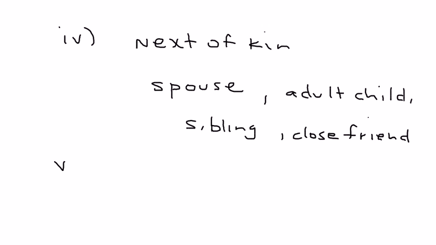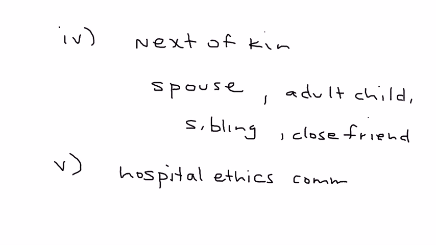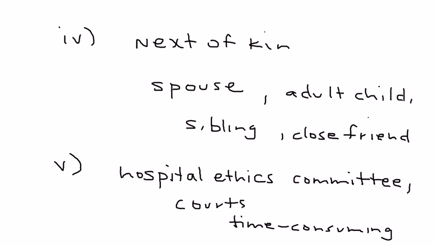And finally, even if that isn't present, there's no next of kin, then every hospital, at least in North America, has a hospital ethics committee. And also, you can always go to the courts, which is unfortunately very time-consuming and really a last resort. But this 5-step process is the proper way of going about it.